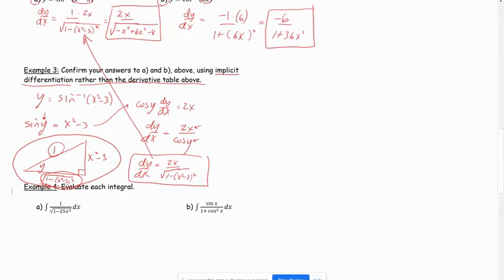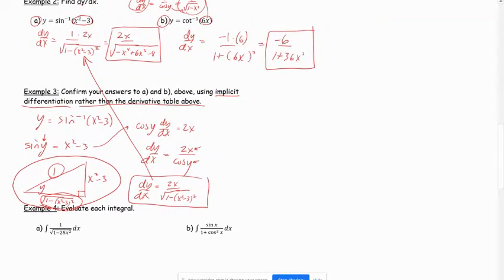Okay, so go ahead and see if you can do the same thing for B. Redo problem B, but this time using implicit differentiation rather than the derivative table. Okay, so this would be y equals inverse cotangent of 6x, which means if I take the cotangent of both sides, I get cotangent y is equal to 6x.